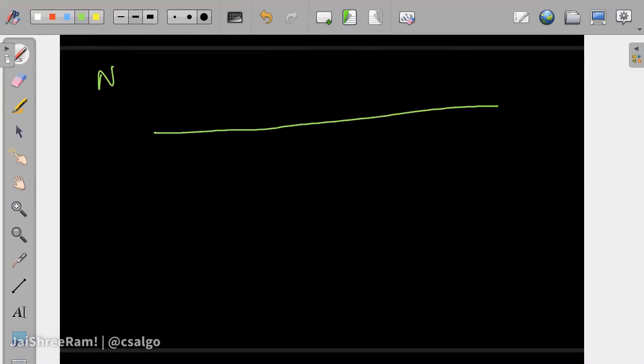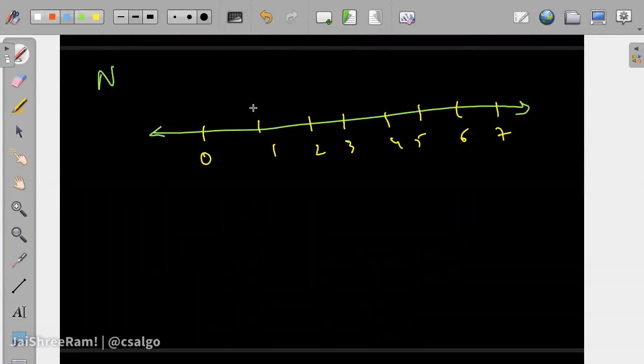So you're given an integer line, an infinite integer line. It does not look like a line, but anyway, there are points at every integer value, like 0 1 2 3 4 5 6 7. Initially there are n points on this integer line, whose positions are given to you.